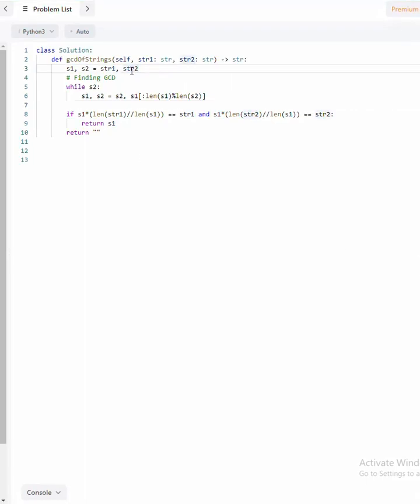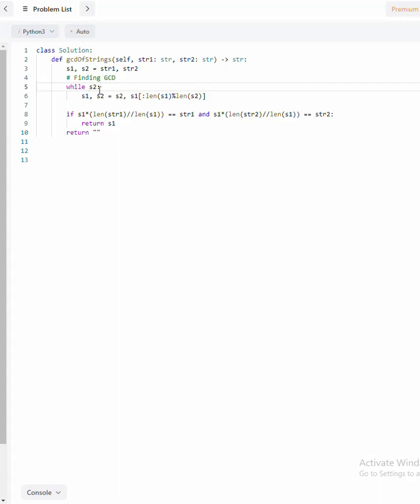Here what I have done is I have created two strings, S1 and S2, and I have stored string 1 and string 2 in them. First, I am finding the GCD, greatest common divisor, of S1 and S2. Here I am checking whether the length of string S2 becomes 0 or not.